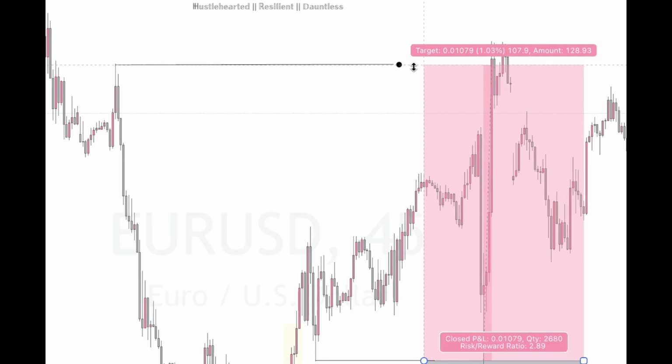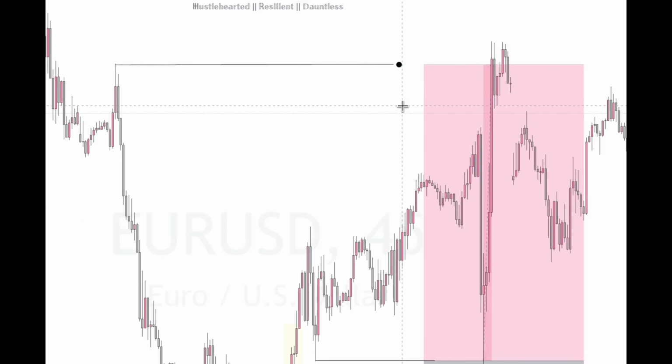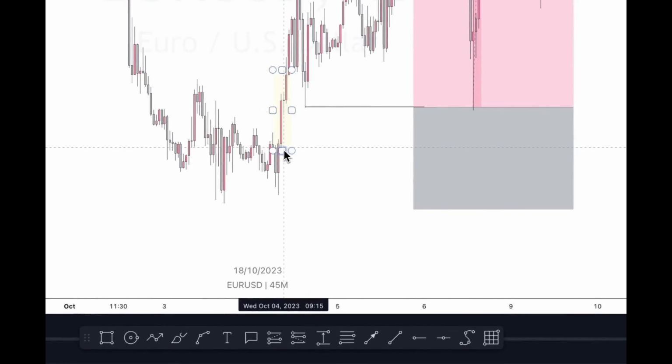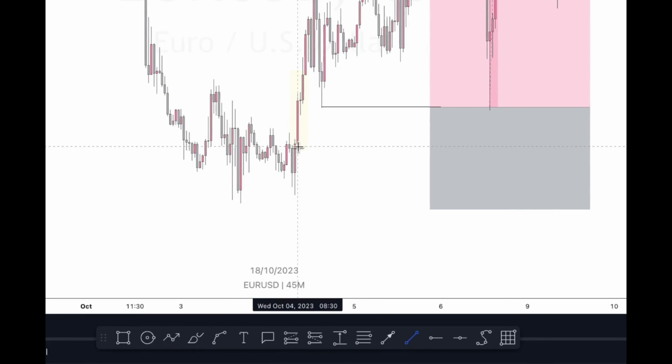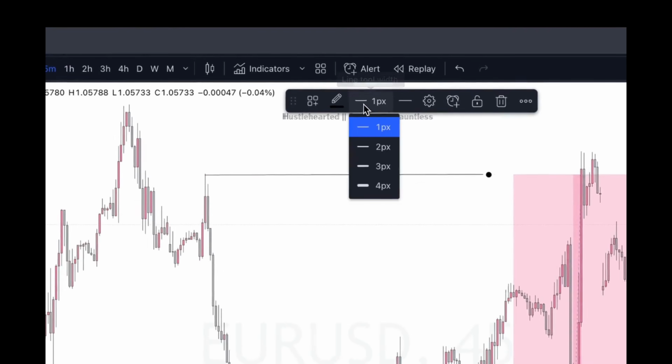Target the internal range liquidity, right? And then my SL will obviously be below the gap, right? Obviously below the gap. That is where I'm going to place my SL.